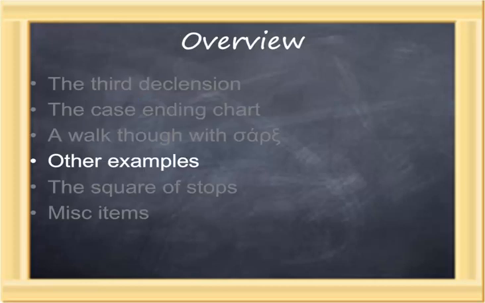Now that we have the basics of the third declension, let's look at some other examples of third declension nouns. With the case endings that you've learned, you should be able to identify the form with just a little help in a couple of places.